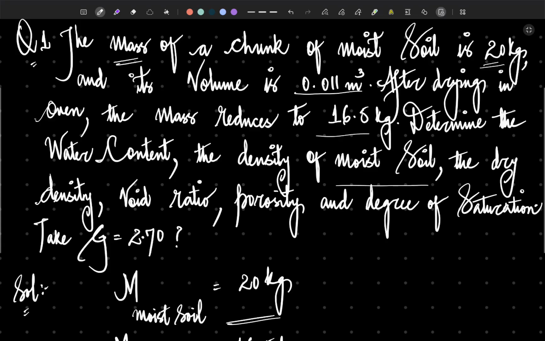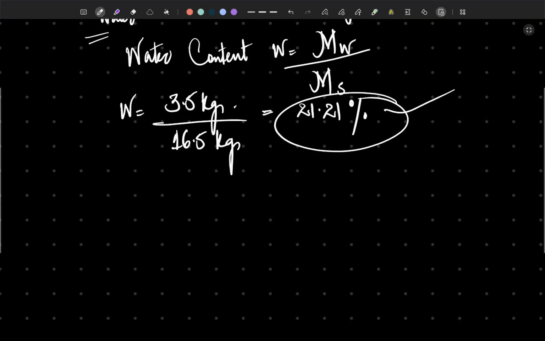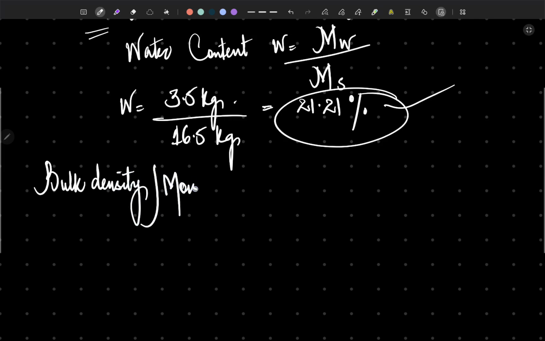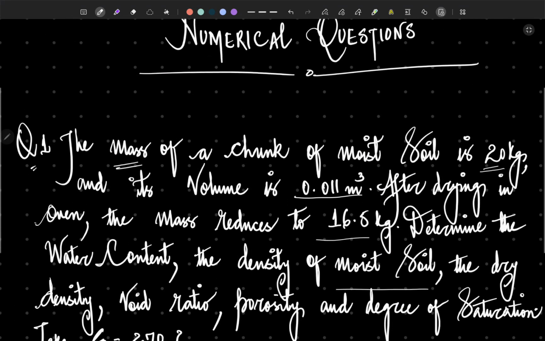Now the next thing that we need to find out is the density of moist soil. Density of moist soil, that means the bulk density. Bulk density, or the density of the moist soil, denoted by this, is mass per unit volume. How much is the mass of moist soil?